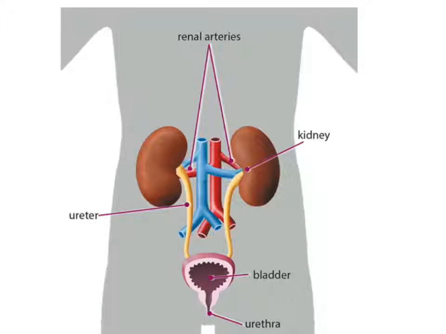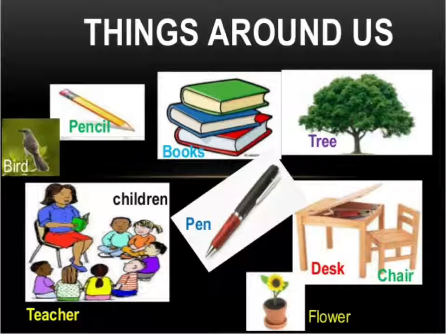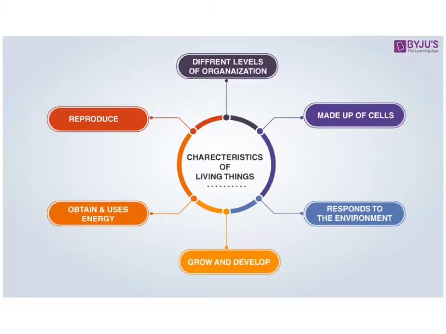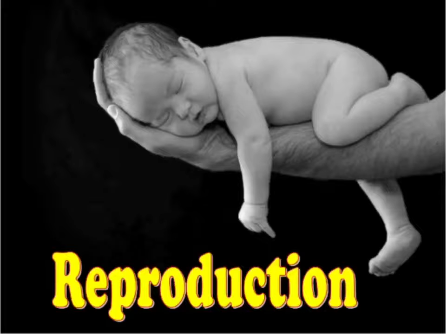Today in this module, we will discuss some more common characteristics of living organisms like reproduction, movement, response to stimuli, lifespan and structural organization. So first, we will study reproduction.